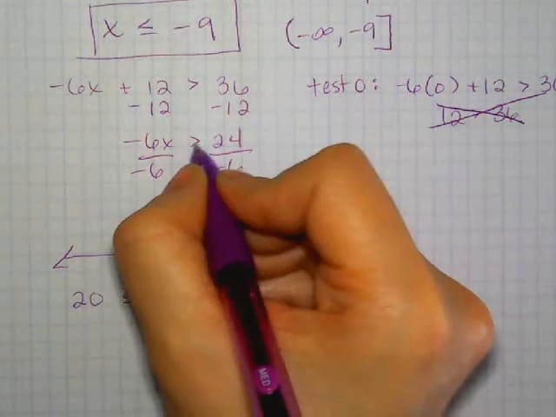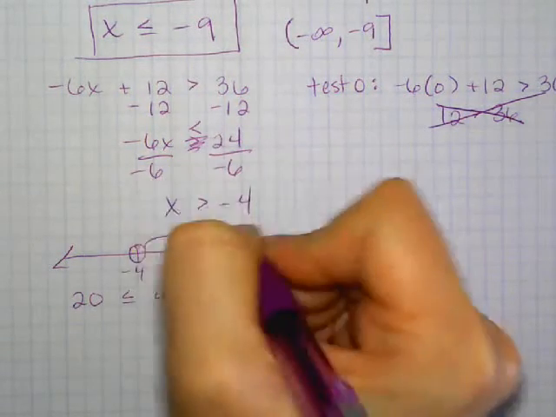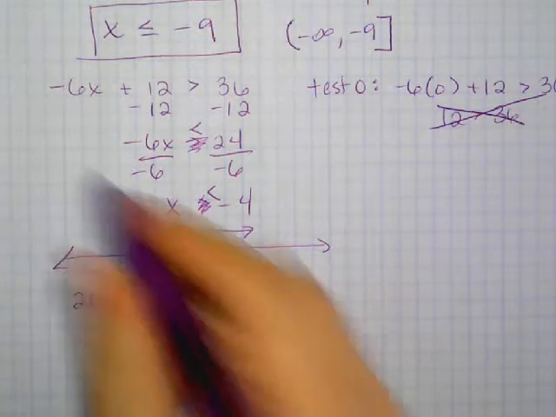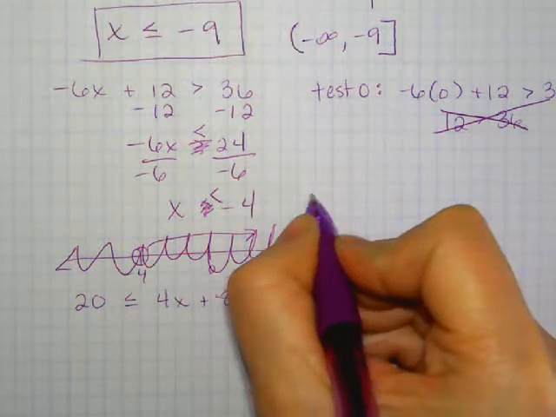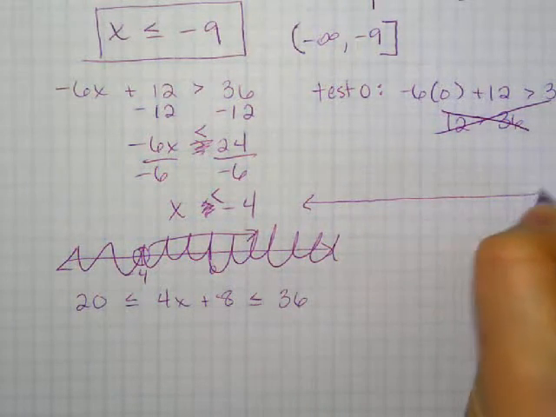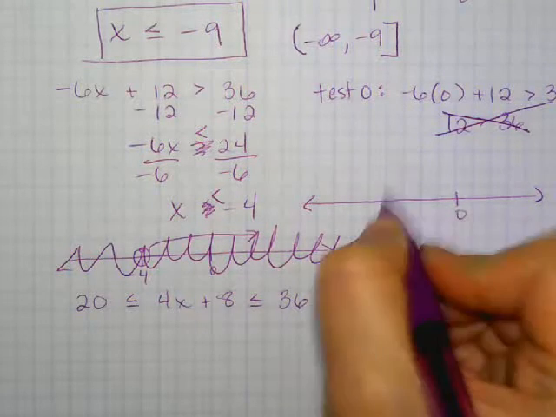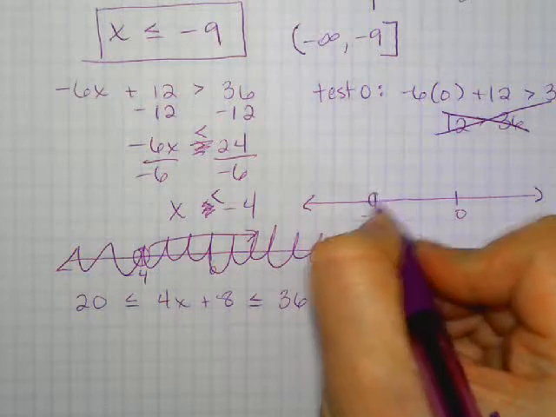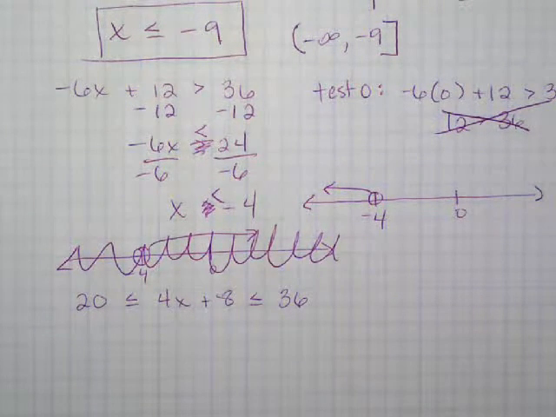I'm going to come down here really quick. If I have that same inequality, negative 6x plus 12, this is actually why it works to flip the sign. If instead of taking away the 12, I add 6x to both sides, and subtract 36 from both sides, I have negative 24 is greater than 6x.